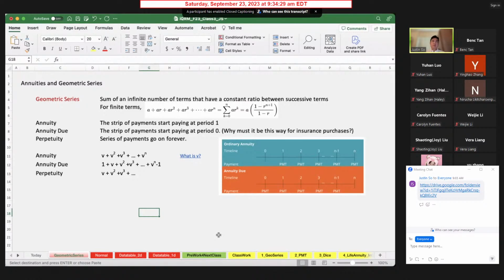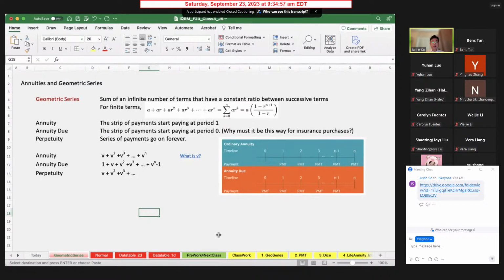In mathematics, the term series actually means the sum of an infinite number of terms. These terms are called a sequence. So you can see the sequence of numbers or variables represented, but if you aggregate all of them, that's actually a series.